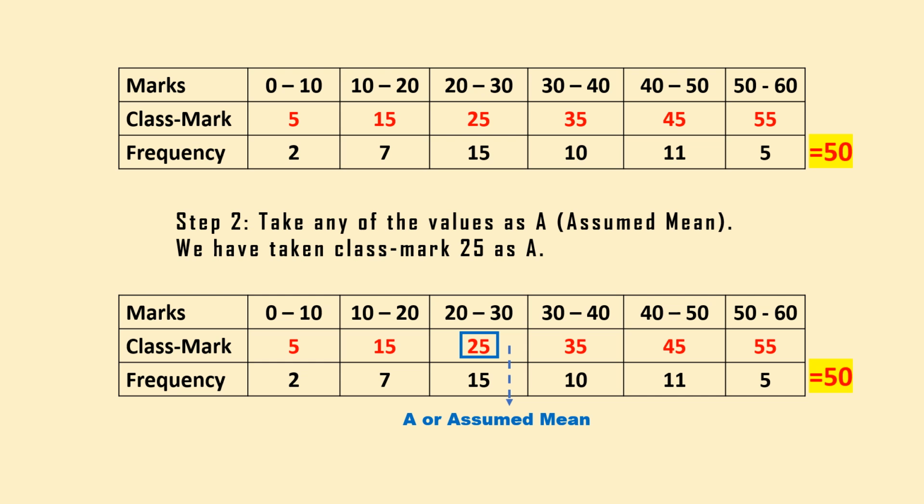In this case we have taken the class mark 25 as the assumed mean, and we have marked it. That is step 2.